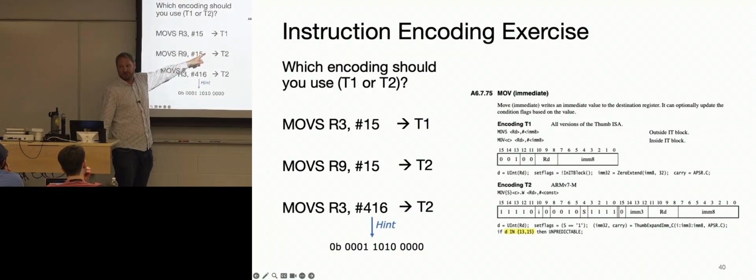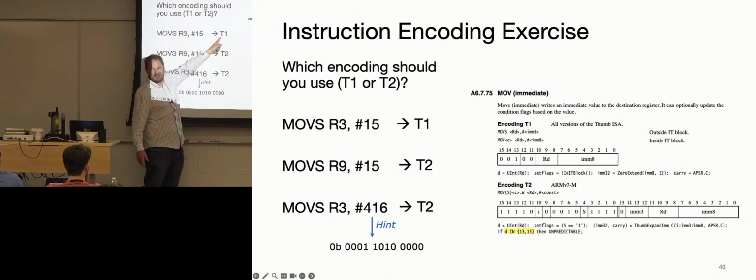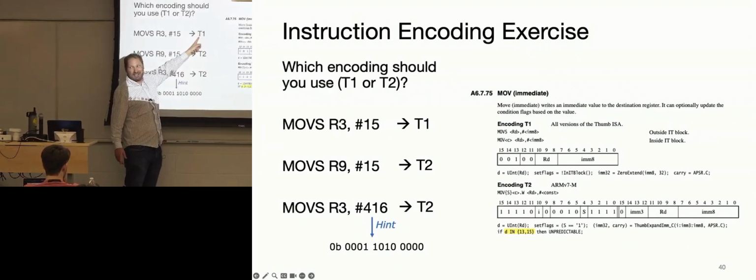It can be any register here. It will always prioritize if your assembly instruction can fit within a T1 instruction, it will do it, right? It will try to get it there.